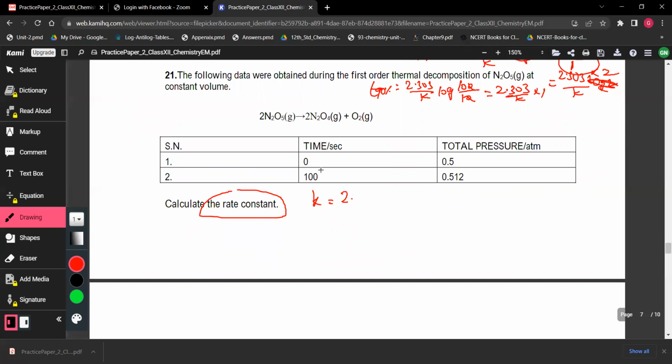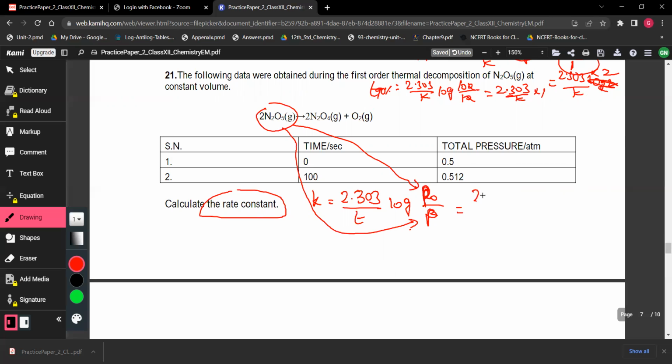At time T and initial pressure, we can use that to calculate K. It is 2.303 by T log of R naught by R. Sorry, instead of R naught by R, we use P naught by P. That P naught is the pressure of reactant at the initial stage, and P is the pressure of reactant at time T. Okay. So 2.303 by time, which is 100, log of P naught, which is 0.5.